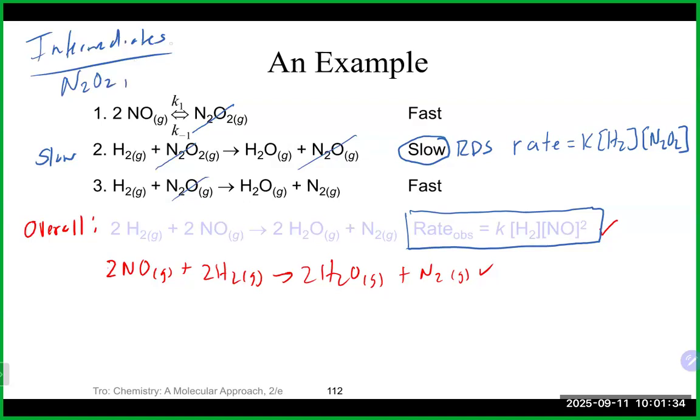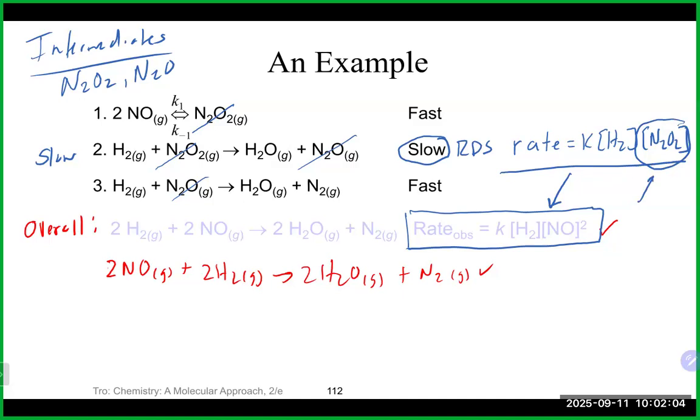So what we want to do now is compare the rate law that we have here to the rate law that was found experimentally and see if they match. Do they match? The answer is you don't know yet, because even though they look like they don't match, we're not comparing apples to apples, because in the rate law that we have for the slow step, we have this intermediate, which is not part of the overall reaction.